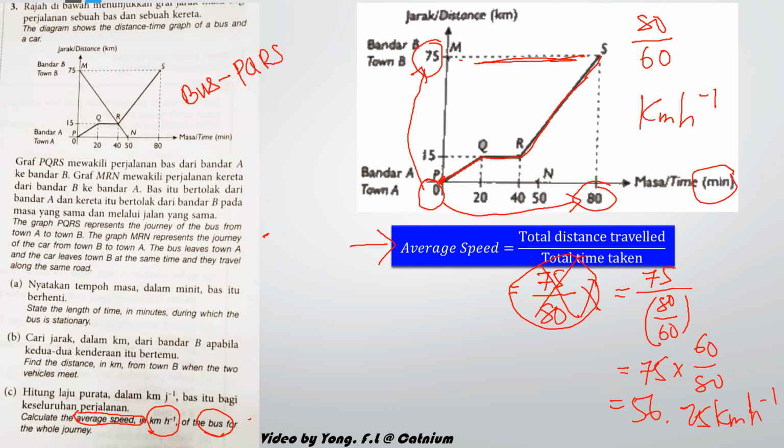So actually another method, if you don't want to use this one, is the same thing. So equal to 75 divided by 80 divided by 60, kita cari dulu berapa. So 80 divided by 60 is 1.33.